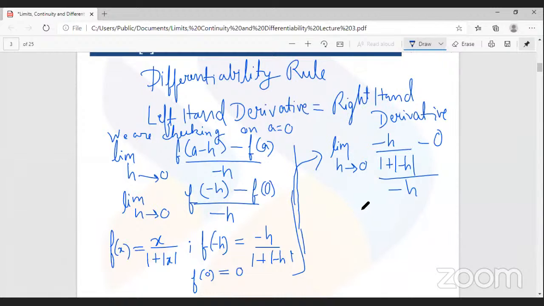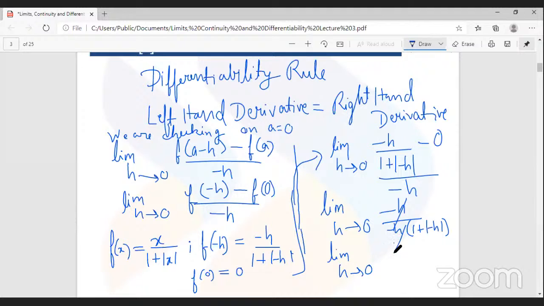So what we are getting here? Limit h tending towards 0, minus h upon minus h into 1 plus mod of minus h. So this becomes limit h tending towards 0, 1 upon 1 plus mod of minus h. We will put h equal to 0. So we get left hand derivative as 1.